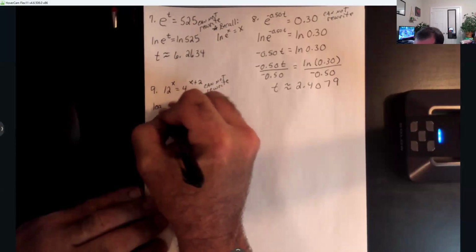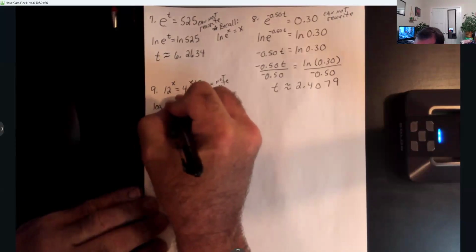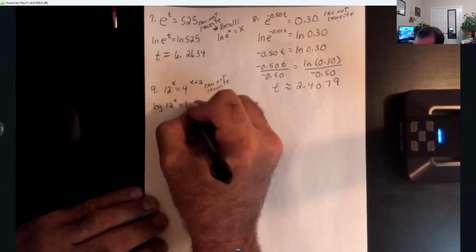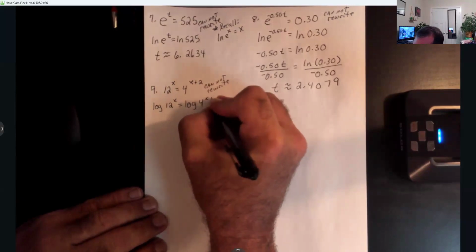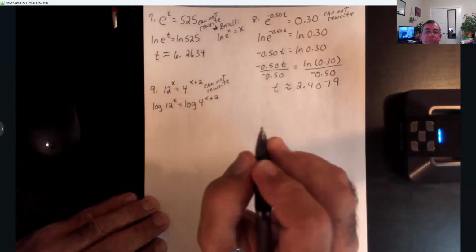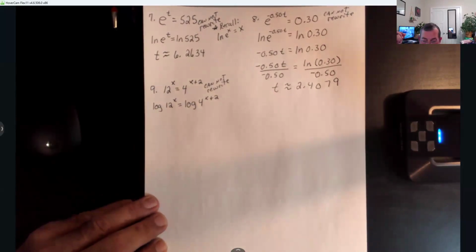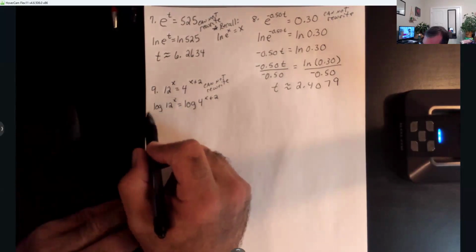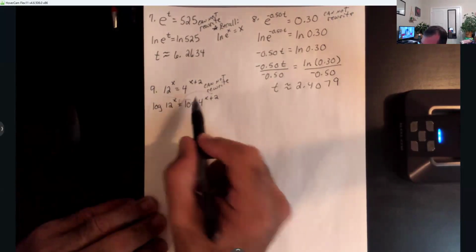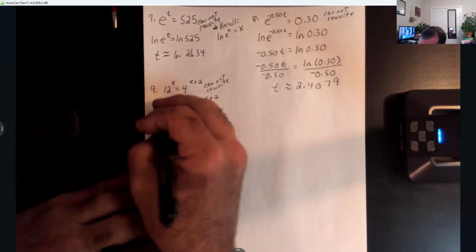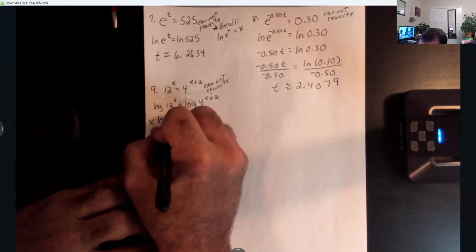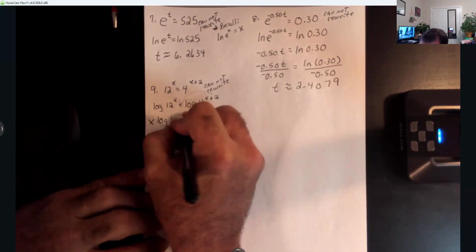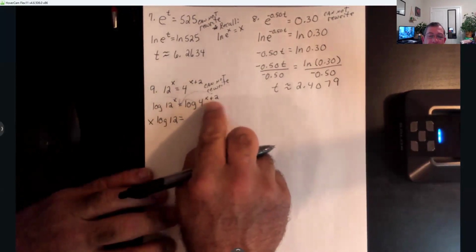The log of 12 to the x will equal the log of 4 to the x plus 2. All right, so we did that so we can bring our exponent down to the front. So the left side, you're going to get an x times log 12. Now, y'all watch this.